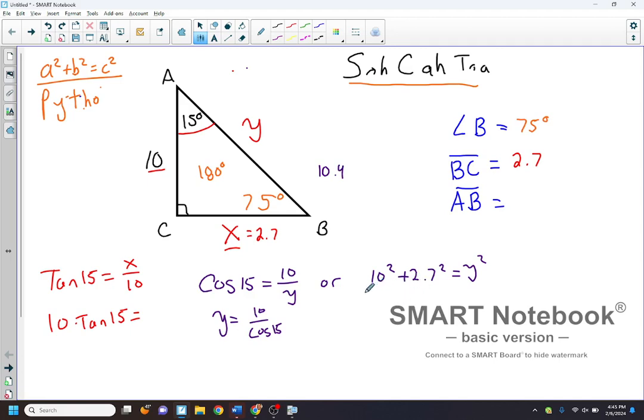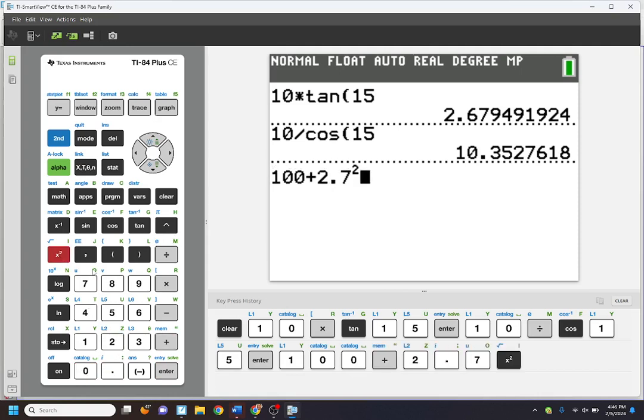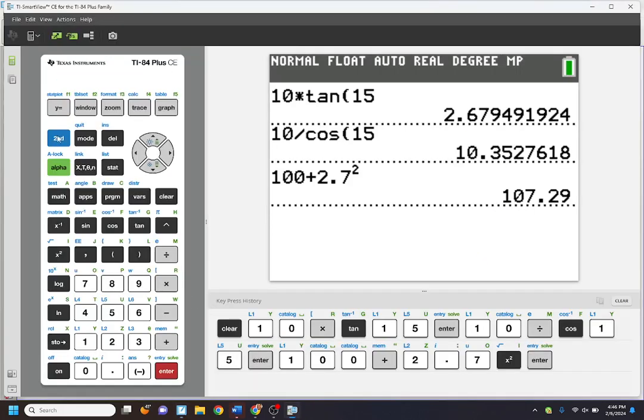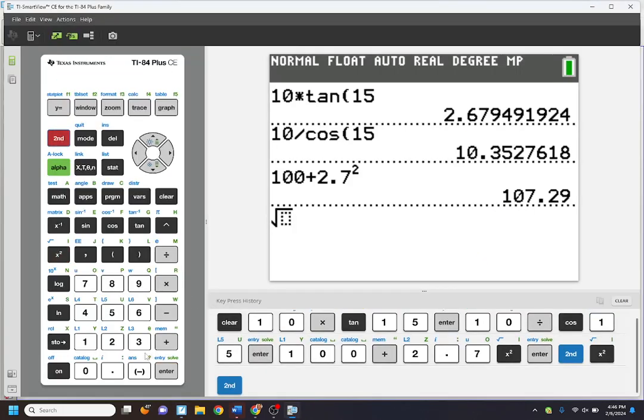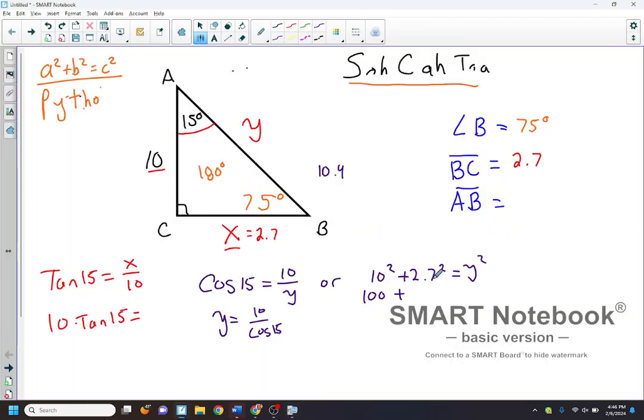And this one, we're going to do 10 squared, 100, plus 2.7 squared, 107.29, and then square root that answer. 10.358 again, so it looks like also 10.4. There's multiple routes to take to that answer.